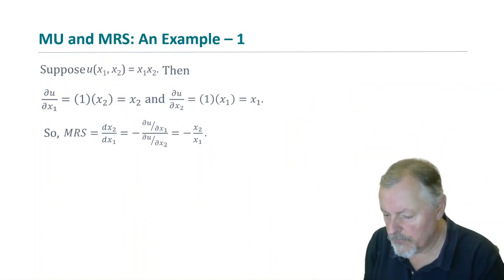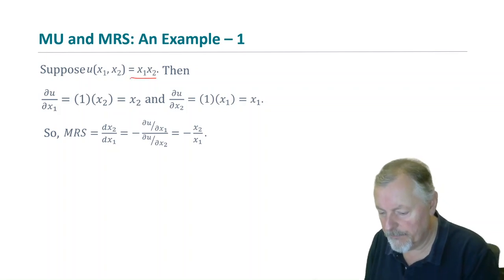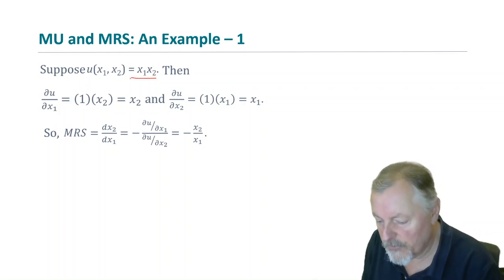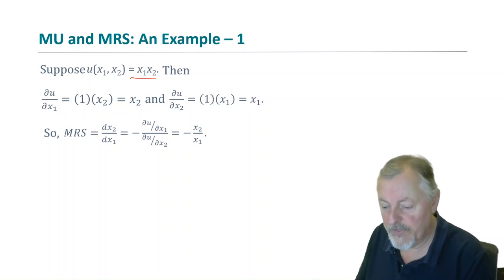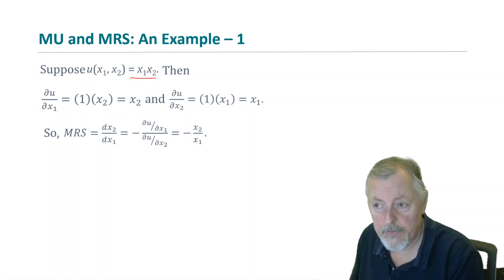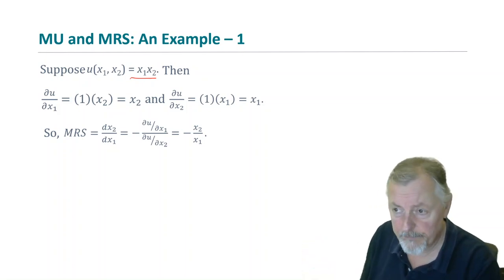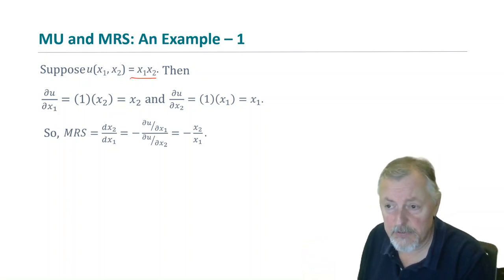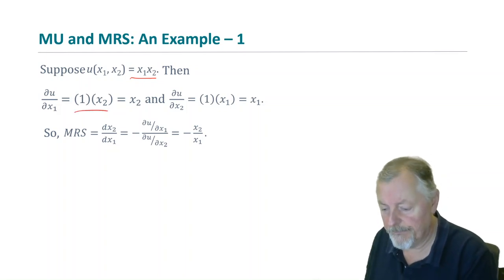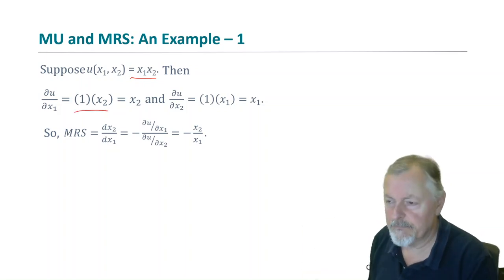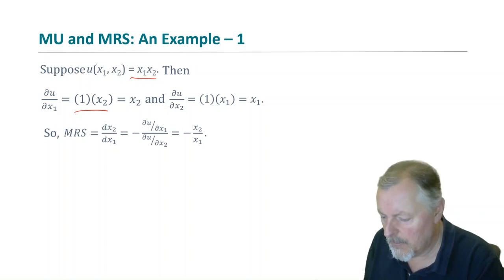So, suppose this is your utility function. Then the partial derivative of this function with respect to x1 is, well, the derivative of x1 is 1. x2 is a constant, so it would be x2. And it works just the other way for the other one.